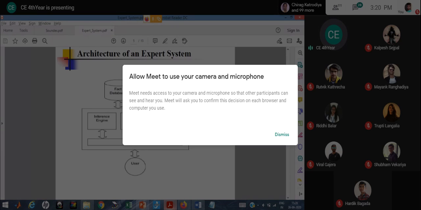Now, the next is the fact database. See, the fact database contains case-specific data that is to be used in a particular case to derive a conclusion. In the case of a medical expert system, this would contain the information that had been obtained about the patient's condition.